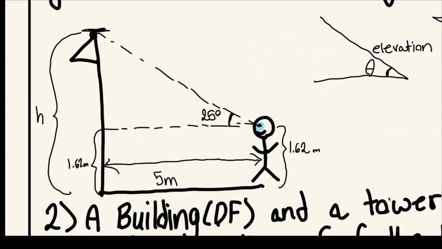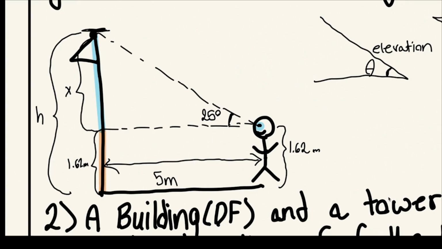We are actually given part of the height of the flagpole, because remember, this right here is 1.62. So we already know some of the length of the flagpole. Now all we have to do is find this much, what I highlighted in blue. We have to find what this part of the flagpole is, and I'll just label that as X because we don't know what it is.